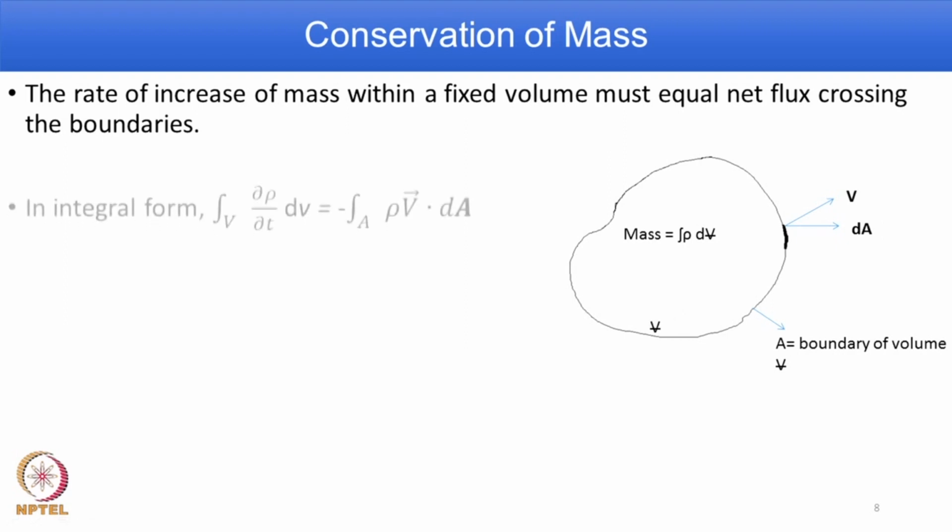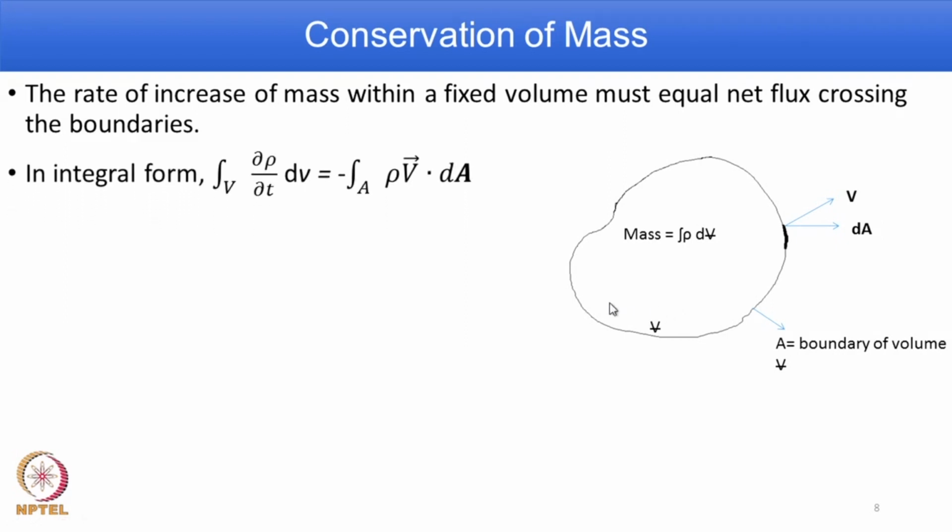If you express conservation of mass in integral form, ∂/∂t of ρ dV over volume V is equal to ρV·dA. Because area is also a vector and velocity is also a vector, you do the dot product and you get a flux crossing, and here dA is continuously changing for this illustration figure that is given.